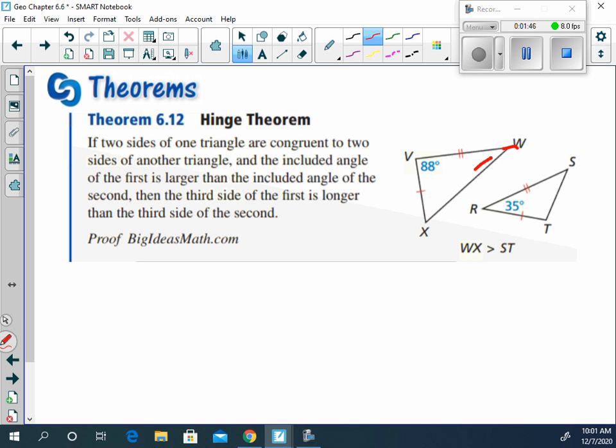Which side's going to be bigger, this side or this one? Well, the one that's open 88 degrees, yes? Because if I have two triangles with two sets of congruent sides, the bigger angle is going to be opposite the bigger side. The smaller angle is going to be opposite the smaller side. That's it.